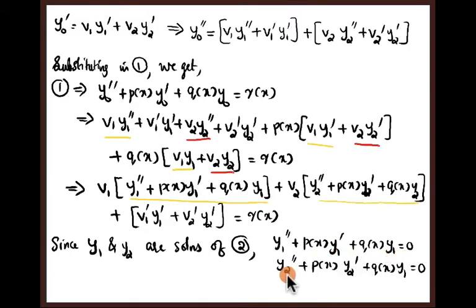Similarly, since y2 is a solution of the homogeneous equation, we have y2'' + p(x) y2' + q(x) y2 = 0. Substituting these relations in the above equation, we have v1 * 0 + v2 * 0 + v1' y1' + v2' y2' = r(x).